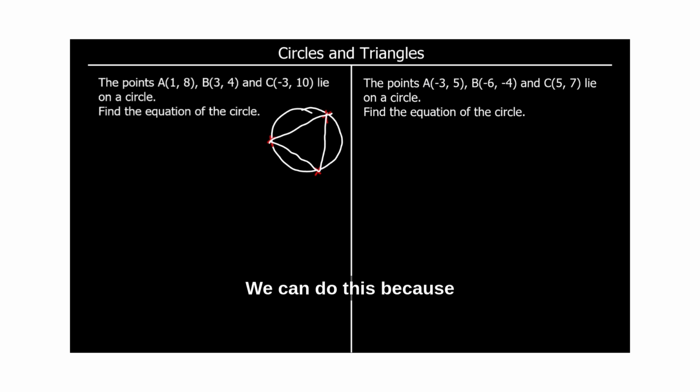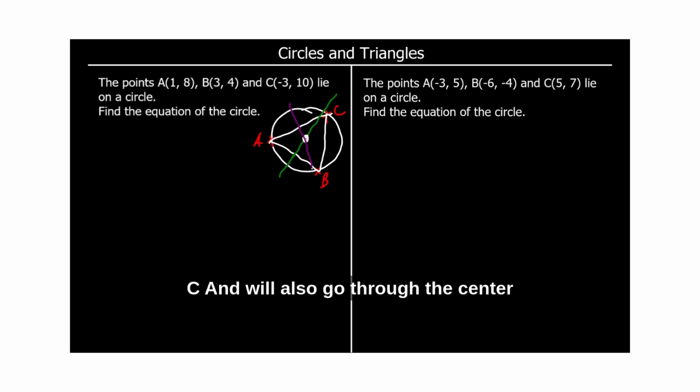We can do this because the perpendicular bisector of any chord goes through the center of the circle. So the perpendicular bisector of AB will go through the center of the circle, and the perpendicular bisector of AC will also go through the center of the circle.